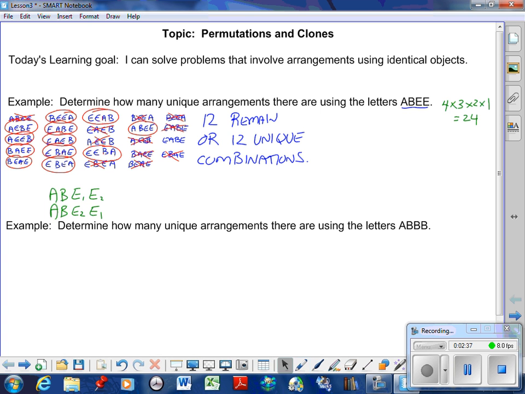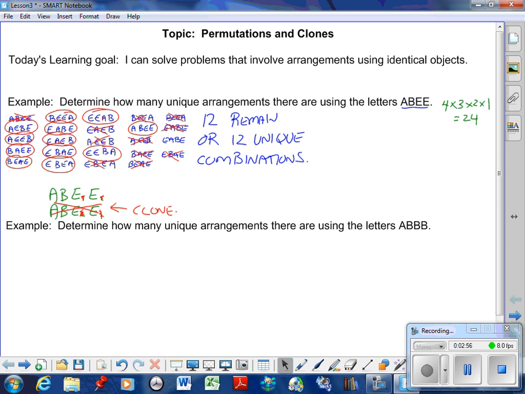But if those subscripts weren't there, and you were looking at these 2 written combinations, you'd say they're the exact same. So we end up with what we call a clone. All right, so it's a clone.